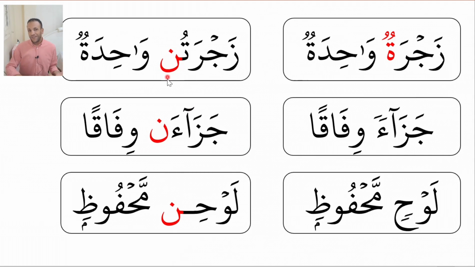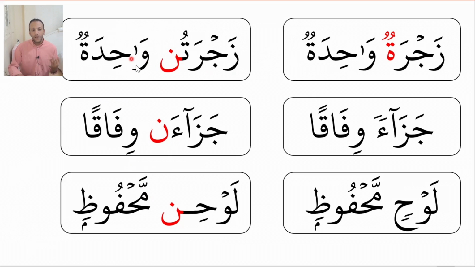If you look in some detail, the letter noon is at the end of the word, and the following word starts with waw. In the second example it is also waw, but below it is meem. So a word finishes with the consonant letter noon and the following word starts with waw or meem.